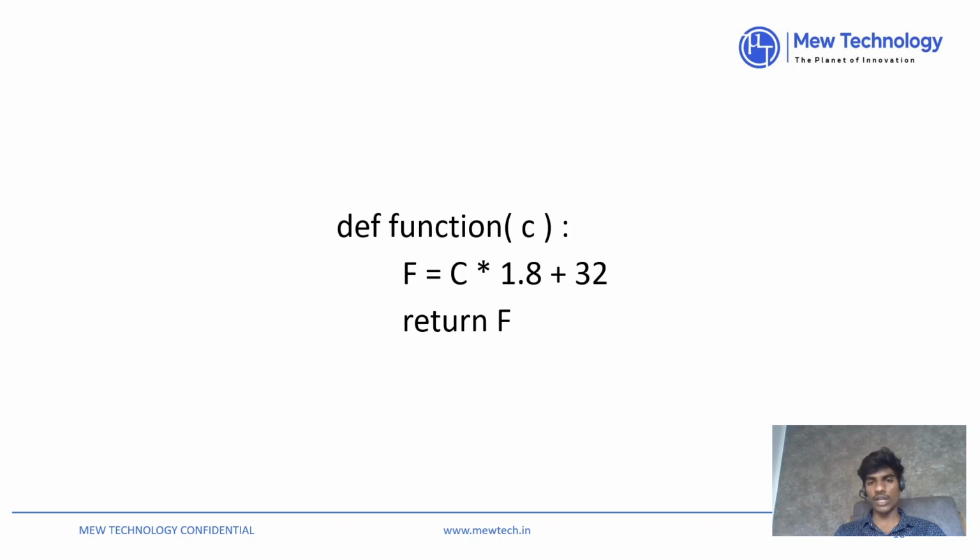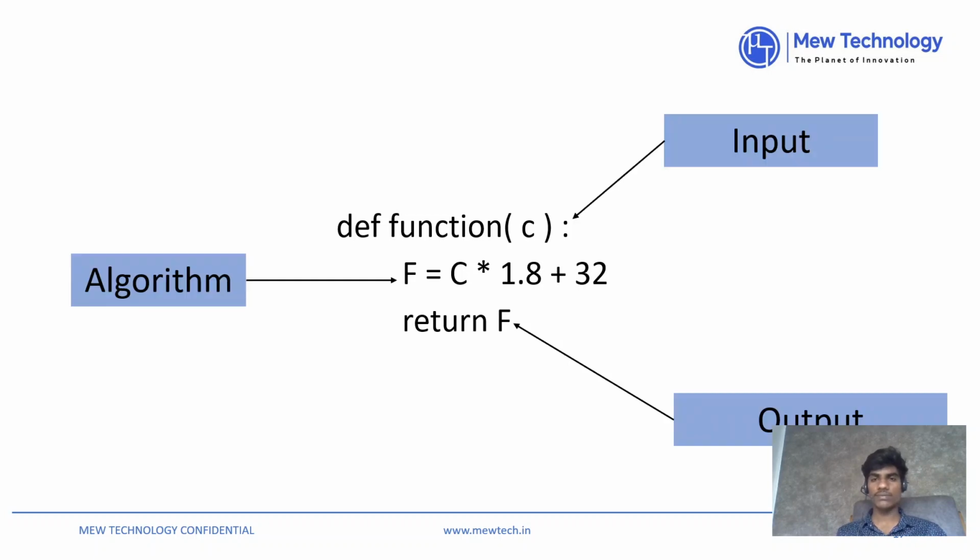my logic. I already know this logic. I already manually calculated this relationship logic. I just initialize this logic, and after that I get the result, F. Here, what is C? C is the input. What is F? F is equal to C into 1.8 plus 32.